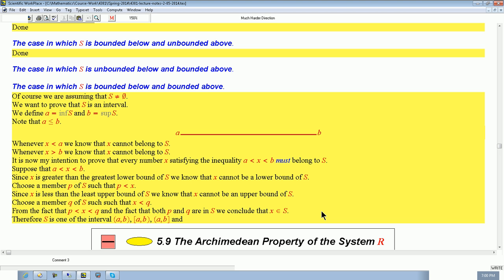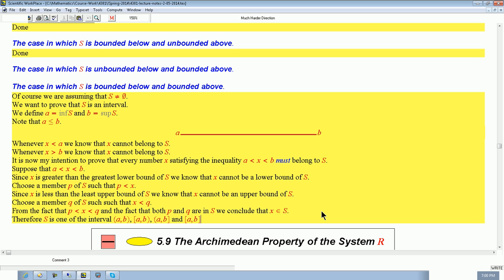Which one have I not put? Technically, it's not all of them. But numbers strictly between A and B definitely belong. Numbers to the left of A, to the right of B never belong. A and B, I have no idea.